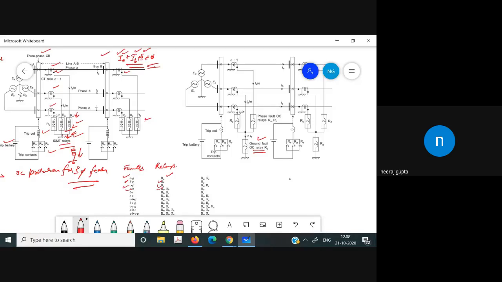If we use this relay, then it will be blind to load current and see only the ground fault current.